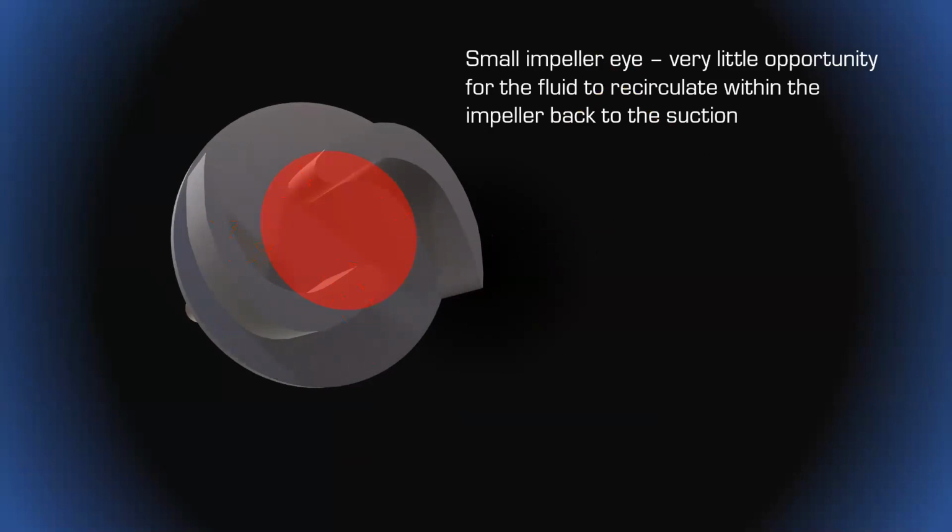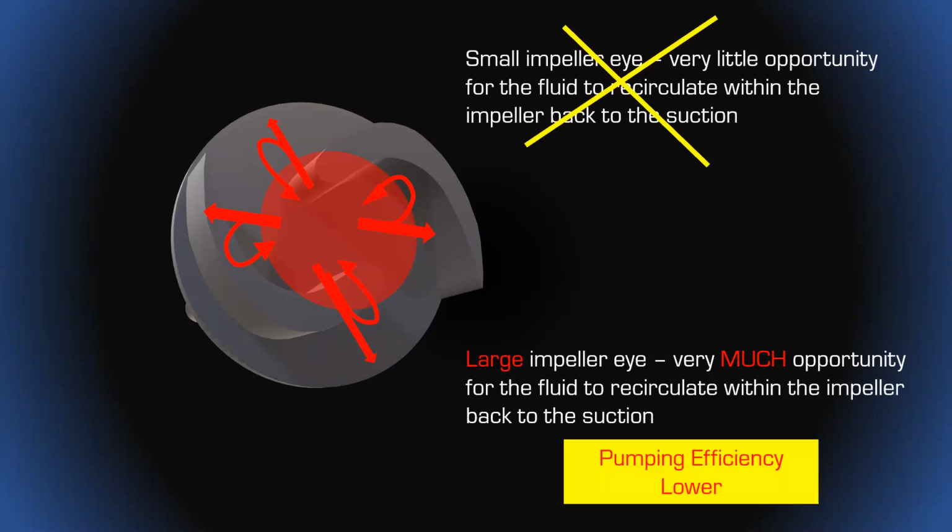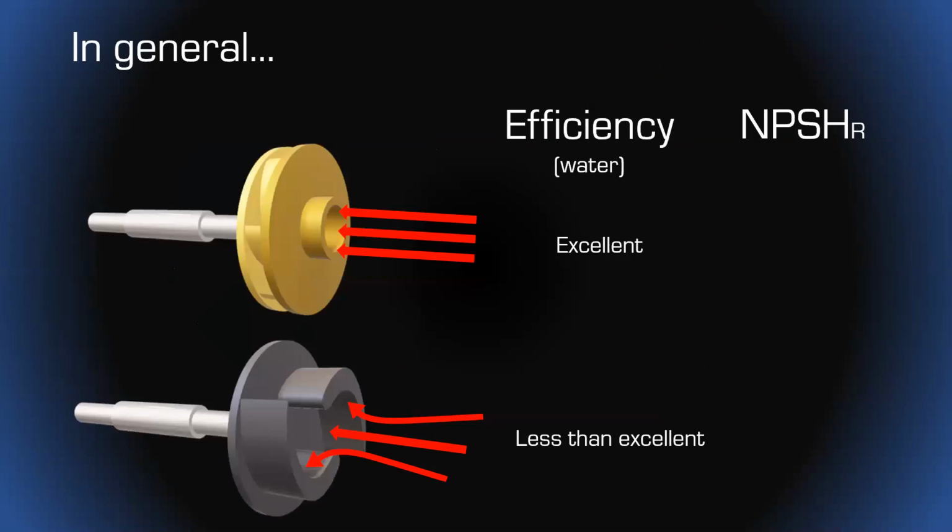Now, I did just go back here. I had here small impeller eye, very little opportunity for the fluid to recirculate within the impeller back to suction. Well, that's wrong. That was for the last impeller. This one is a large impeller eye, very much opportunity for the fluid to recirculate within the impeller back to the suction. So that's the reason why this type of impeller has relatively low pumping efficiencies.